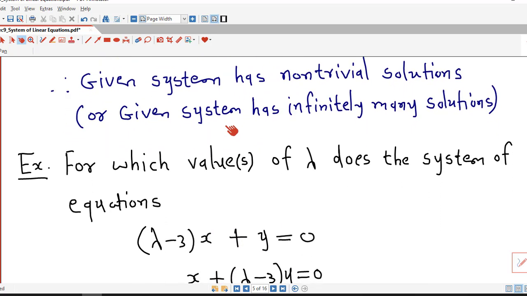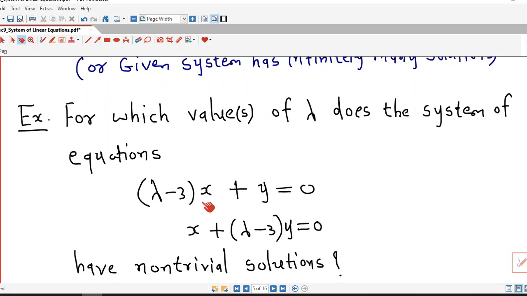We consider one more example. We are given a system of two linear equations in two variables x and y. The constant terms are 0, so this is a homogeneous system. But in the coefficient of x we have lambda minus 3, so lambda is an unknown constant. We are asked to find the values of lambda for which this system has non-trivial solutions, or infinitely many solutions.